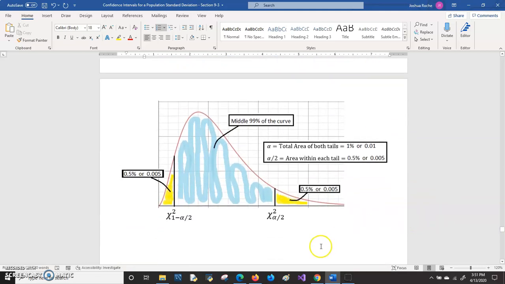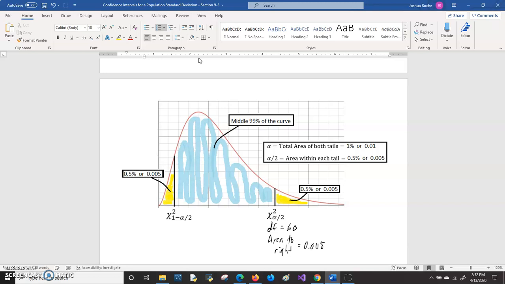So let's go back to the drawing. This chi-squared value has 60 degrees of freedom, and the area to the right is 0.005.